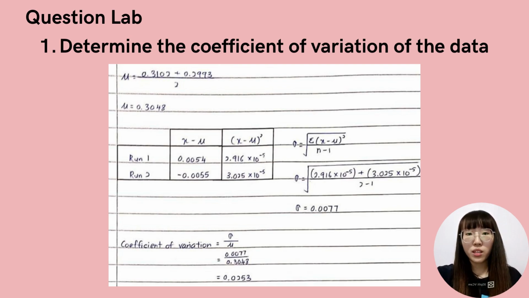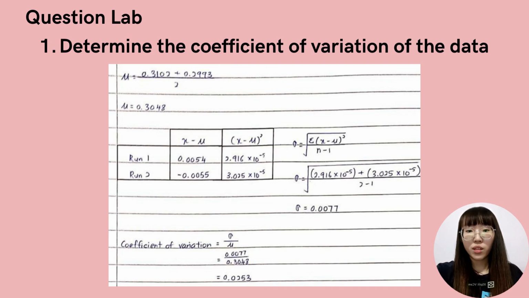The first question is to determine the coefficient of variation of the data. The formula for the coefficient of variation is standard deviation divided by mean. The mean we get in this experiment is 0.3048, and the standard deviation we get is 0.0077.